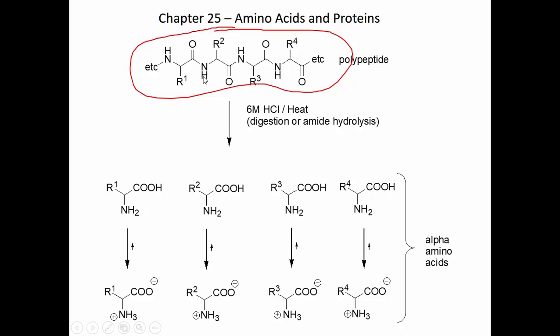Since each unit has both an amine and a carboxylic acid, the hydrolysis produces, in this case, a series of 4 different compounds that we're going to call alpha amino acids.